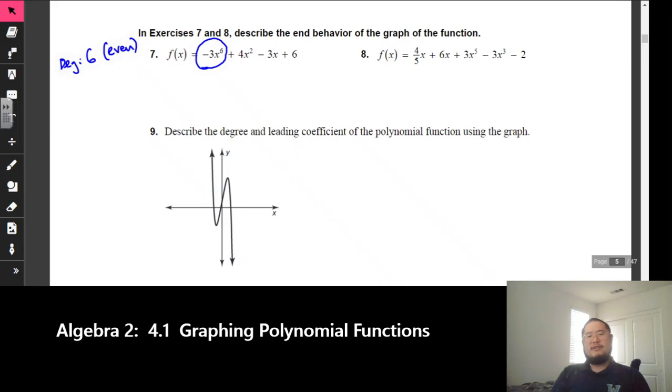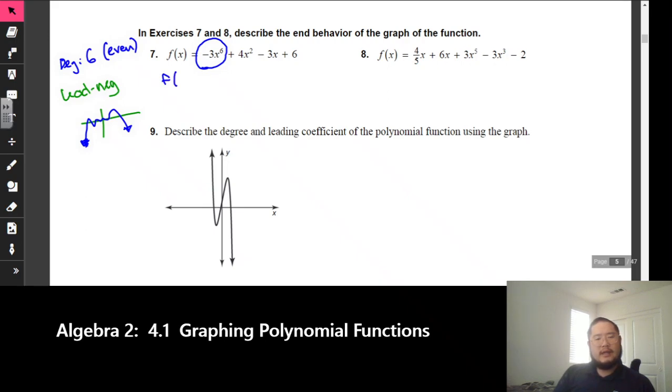However, we have ourselves a negative 3 in front, right? If the leading coefficient is negative, it's not going up, it's going down. So, what we need to realize here is this. It is doing something like this, okay? Bottom line, negative.